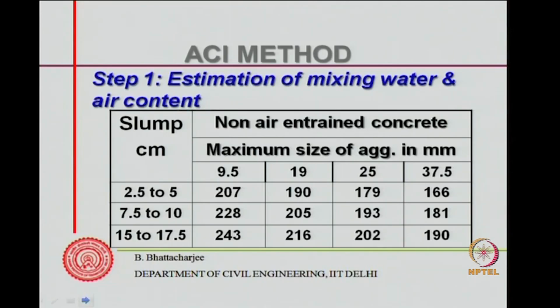One is for non-air entrained concrete, another is for air entrained concrete. For example, in this table the amount of water depends on slump. ACI 211 now gives everything in SI units as well, together with the US customary units. So, slump is written in centimeter, and corresponding to maximum size of aggregate, the amount of water for non-air entrained concrete is given.